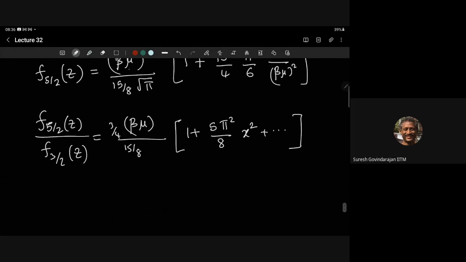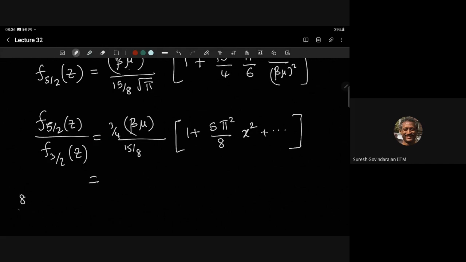And we know beta mu, so we can write this as 3 by 4 beta mu, where beta mu was 1 by x, right? So what is this constant?